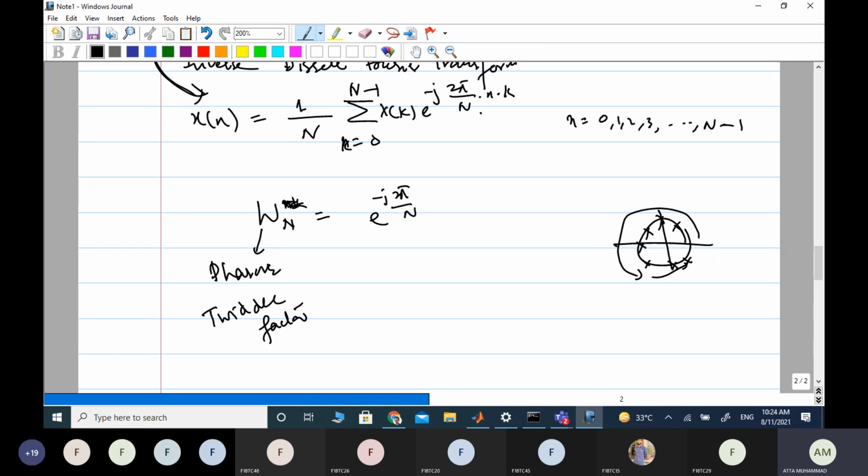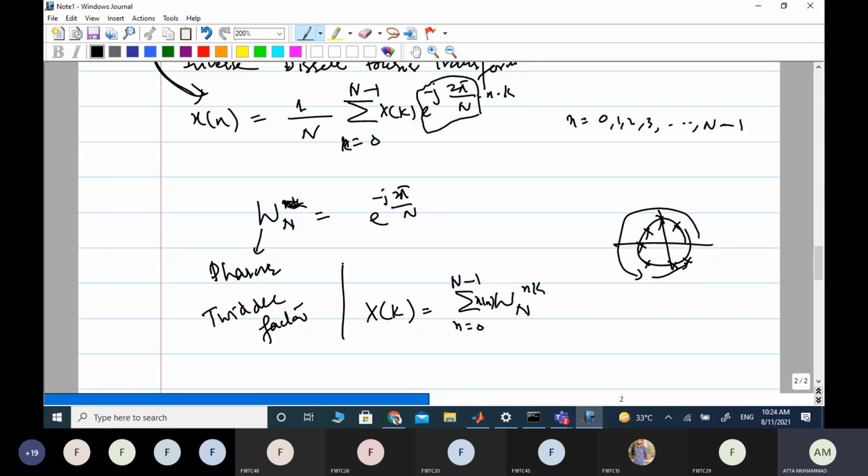So if I replace this value with this twiddle factor, then our X of k becomes the summation n from 0 to n minus 1 of x of n times the twiddle factor W n to the power n k.